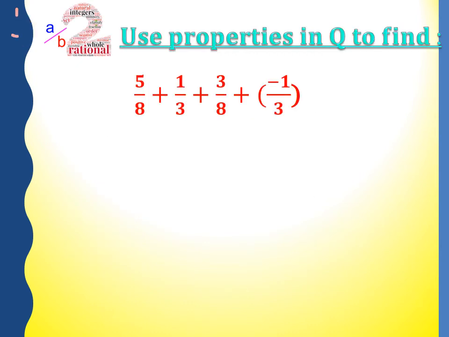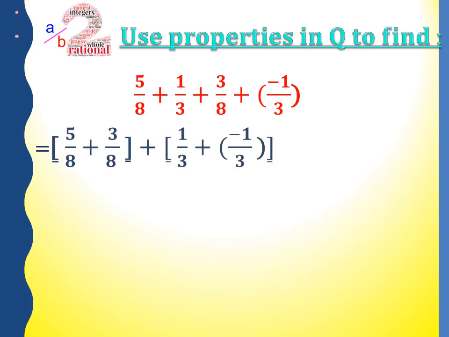Now let's focus on these important questions. Use properties of addition in the rational numbers to find the result. In this question, as we have used to solve it, first arrange your numbers. You will have the similar rational numbers beside each other, like this.